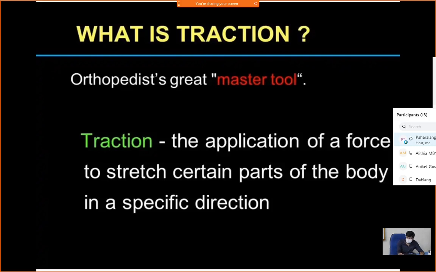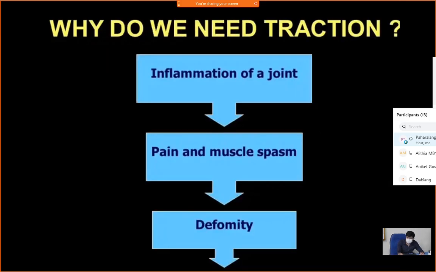Traction is the application of a force to stretch a certain part of the body in a specific direction. The direction should be specific and for a particular part. There are several types of traction depending upon the part of the body. Why do we need traction?